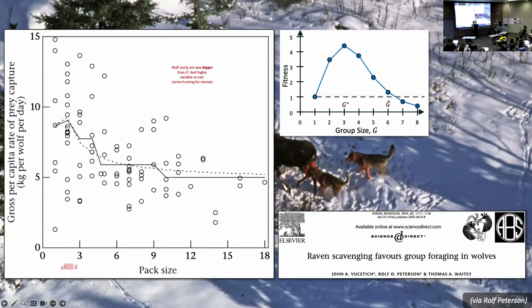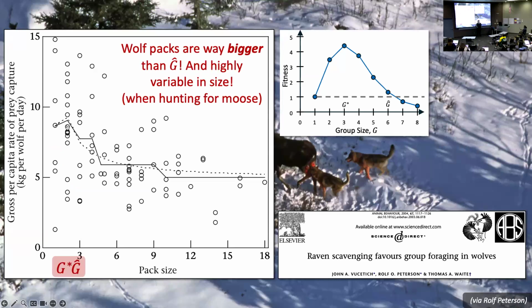What this tells us is that G star and G hat are right next to each other. So the best thing you can do is be a pack of two, but you're always going to get a straggler wolf of three. That's what we would predict just by looking at G star and G hat. We would expect to see wolf packs between 2 and 3, because 2 is best and 3 is the tragedy of the commons.